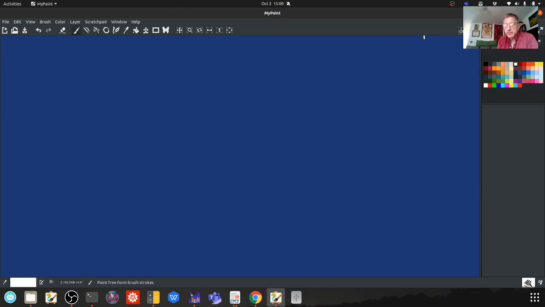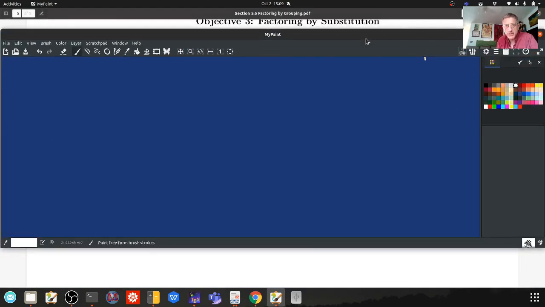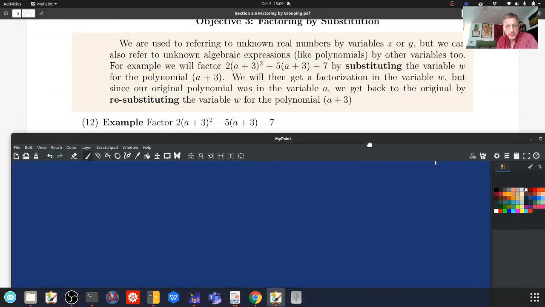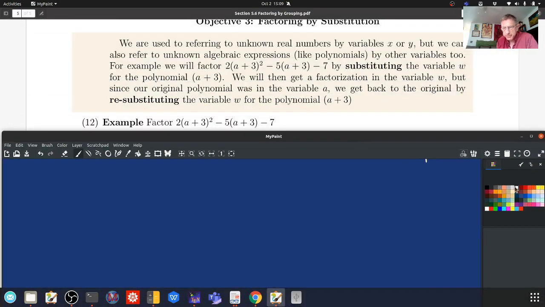Well, I've got to bring it back down to see what it is we're supposed to factor. So we're going to do 2(a plus 3) squared minus 5 times (a plus 3) minus 7. So this is example 12.